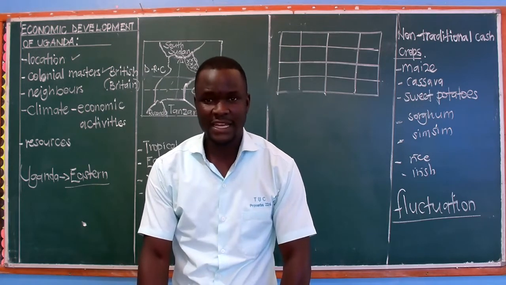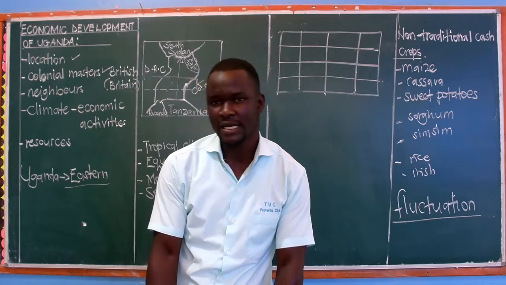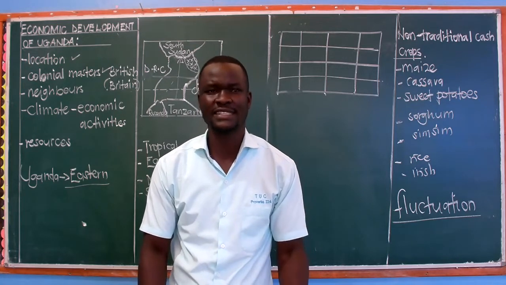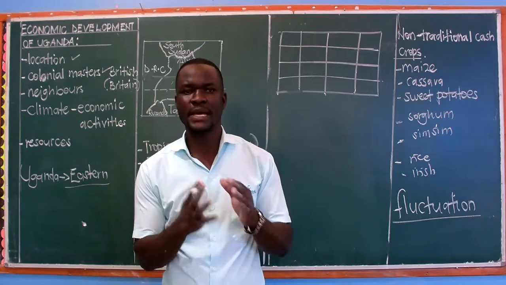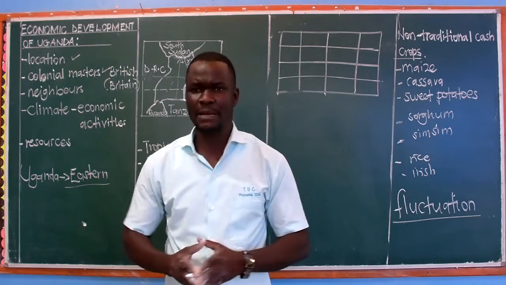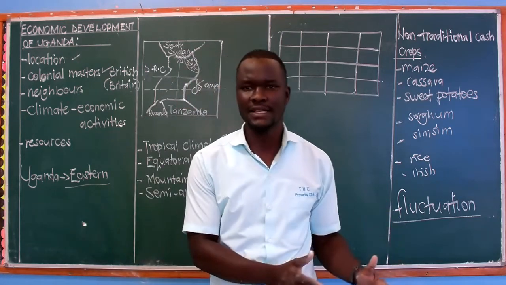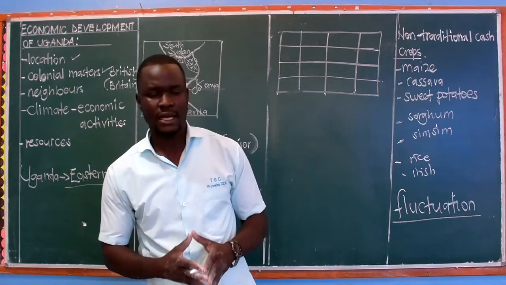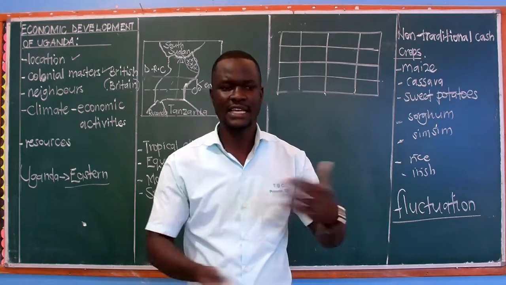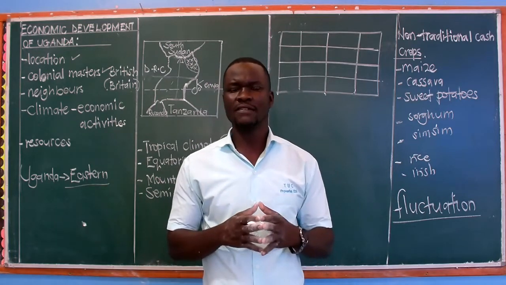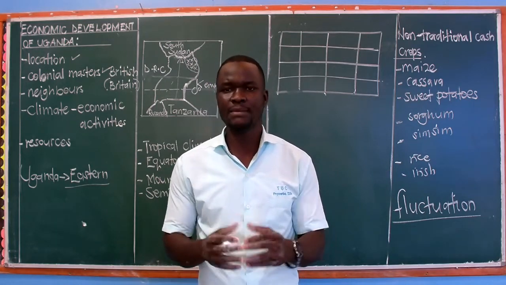The poor farming methods can be worked upon by sensitizing farmers. That's what we call educating farmers on better farming methods. For example, addition of fertilizers to the garden, practicing what we call crop rotation, that is changing crops, and also giving a piece of land time to rest.